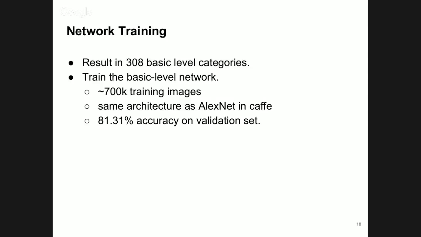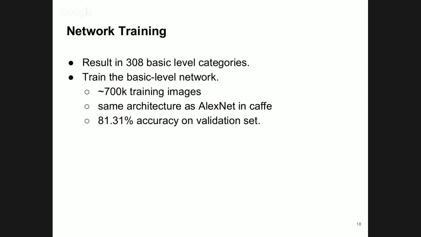Okay, last Friday. From those basic level categories, I trained a basic level convolutional neural network, which has the same structure as AlexNet: 5 convolutional layers and 3 fully connected layers.